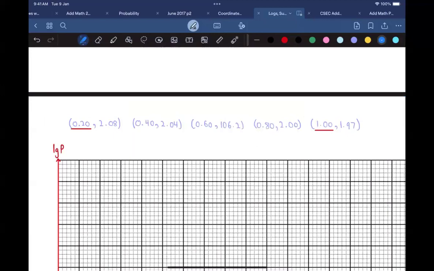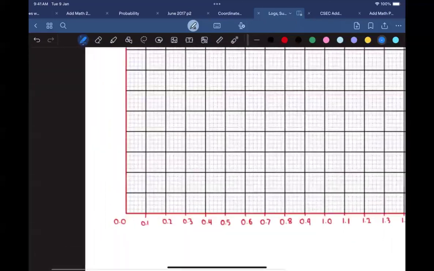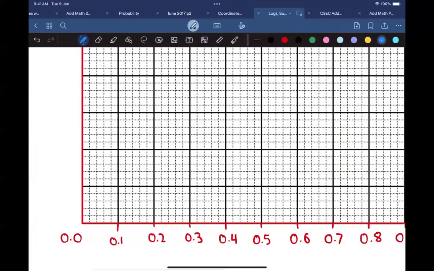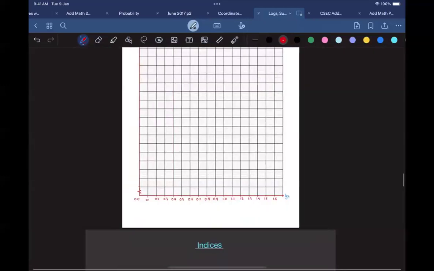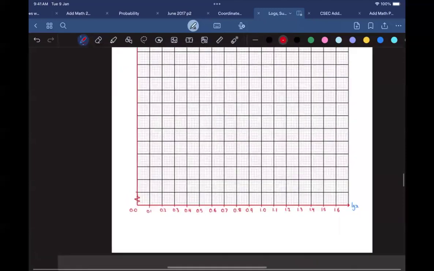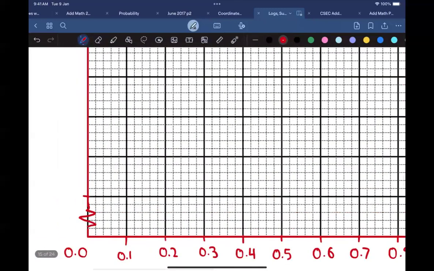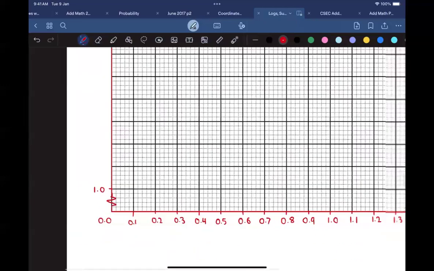So the smallest value on the y-axis is 1.97. If it starts at 1.97, does it make sense to start from 0? No, so I should cut the graph. I should start the graph at what then? Start at like 1.5. I can start at 1. I will start at 1.